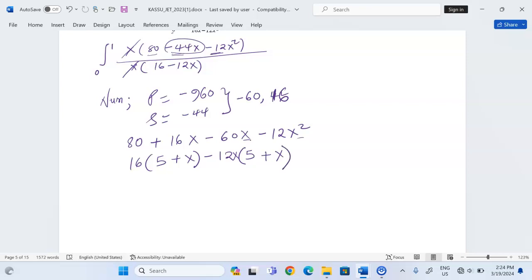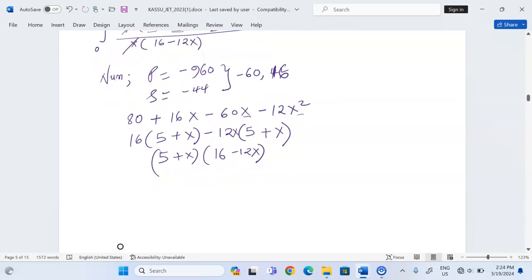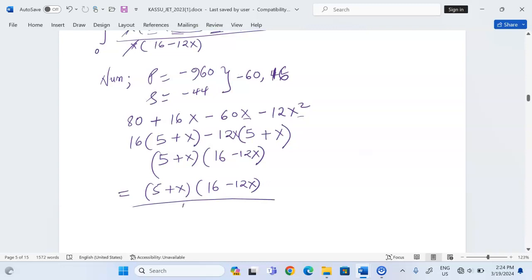That means we can pick the common factor, which is 5 + x, then we have 16 − 12x. The numerator is now fully factorized. When we combine it, we will have (5 + x)(16 − 12x), divided by 16 − 12x, which will now cancel out.